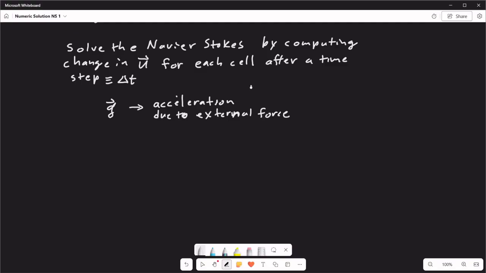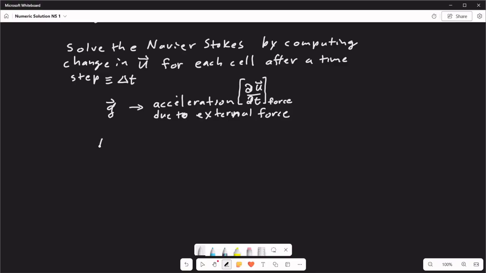And I'm going to call this acceleration du vector dt, and I'm going to call this force, or external force, or for short, I'll probably call this force. So I'm just defining the acceleration caused by this term as the partial derivative of u with respect to t, with this notation force, to indicate that's the part of this acceleration due to the force.